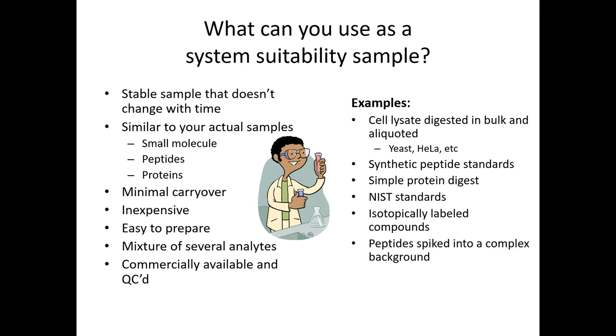And it's really annoying, because if you go through the dilution process, and let's just say your system suitability may also be related to a sensitivity check, so you might have things spiked in at a very low amount, and as they sit in the tube over time, they may degrade or disappear. Then that's not very helpful.